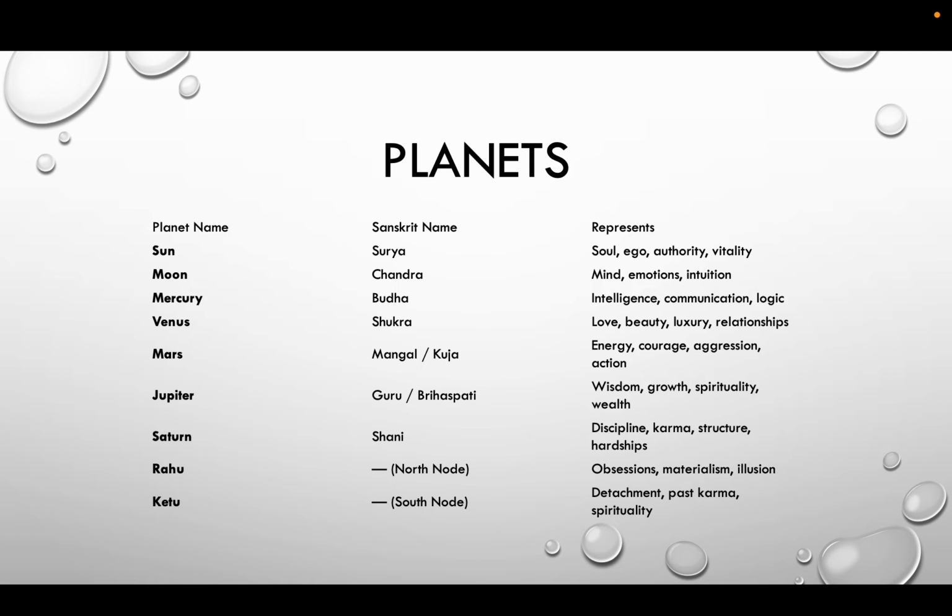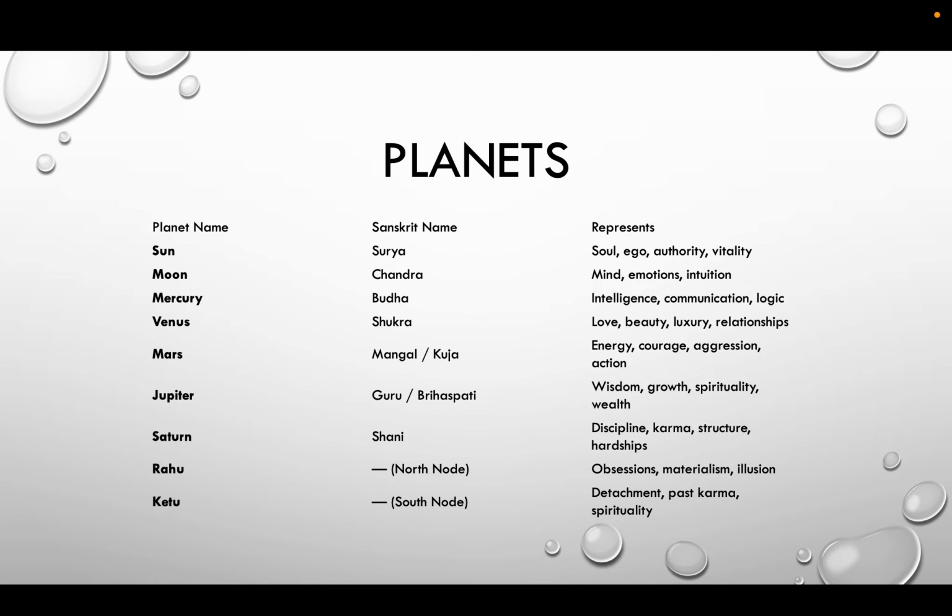So let's move further. One more thing I want to add here: there are three more planets, Uranus, Pluto, and Neptune. We don't take them as part of astrology because they are optional planets and they are outside the orbit. So these are the main planets, the main focus for all of us.